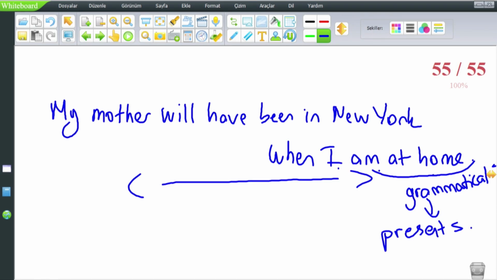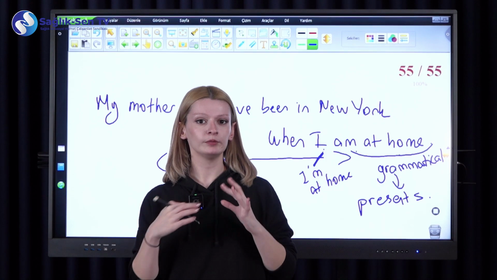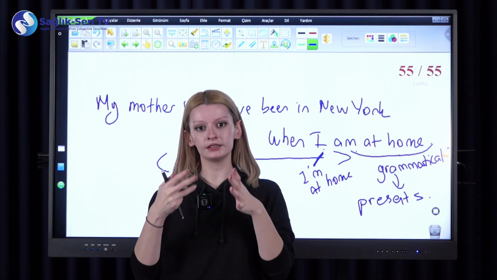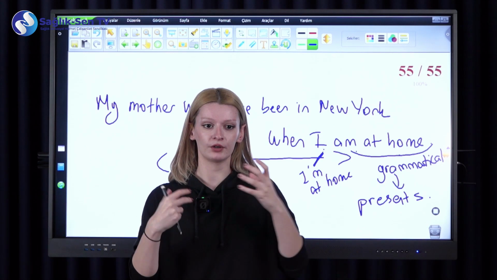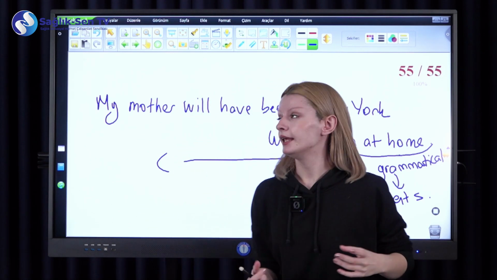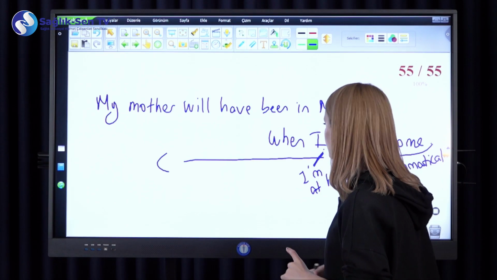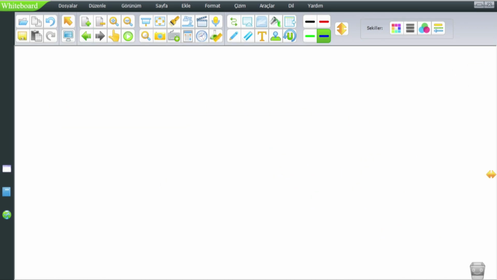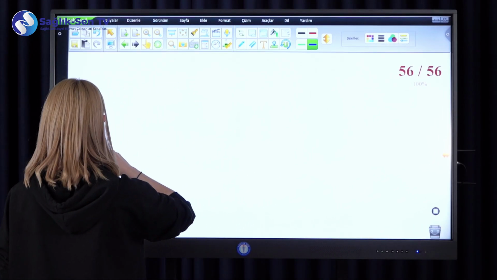Apart from the meaning. So my time limit here is I'm at home. It may not make sense, but think of it like I'm not home at the moment, and when I'm finally at home, it is a time limit, when I arrive at home. My mother will have been in New York, and in that time, somewhere, she will have been in New York.